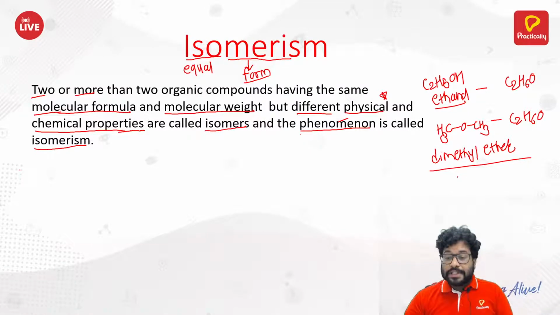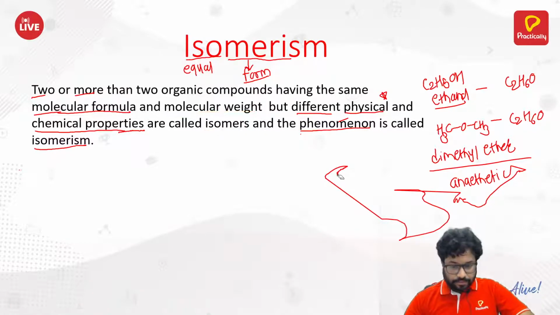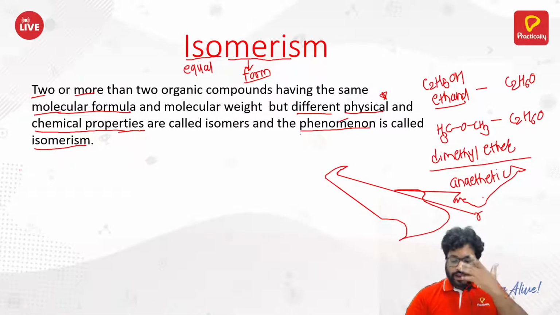Ether basically is an anesthetic reagent. Dimethyl ether is actually used for anesthetic purposes. If people drink it, they might die. That is one of the very beautiful things about isomerism.